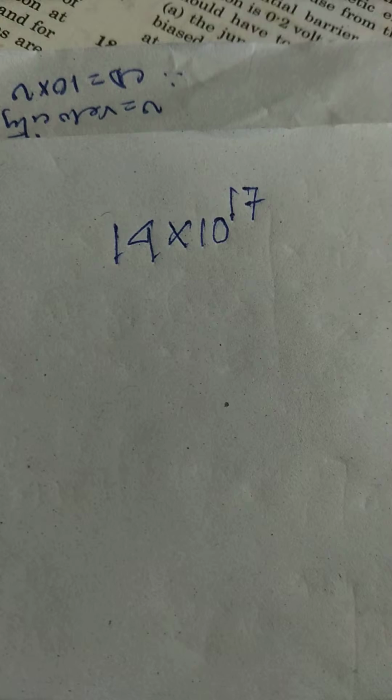So the new total number of contributing electrons and holes together becomes 14 into 10 to the power 15 into 10 to the power 2, means 14 into 10 to the power 17. This is the new number of electrons and holes contributing to the conductivity after mixing of boron.